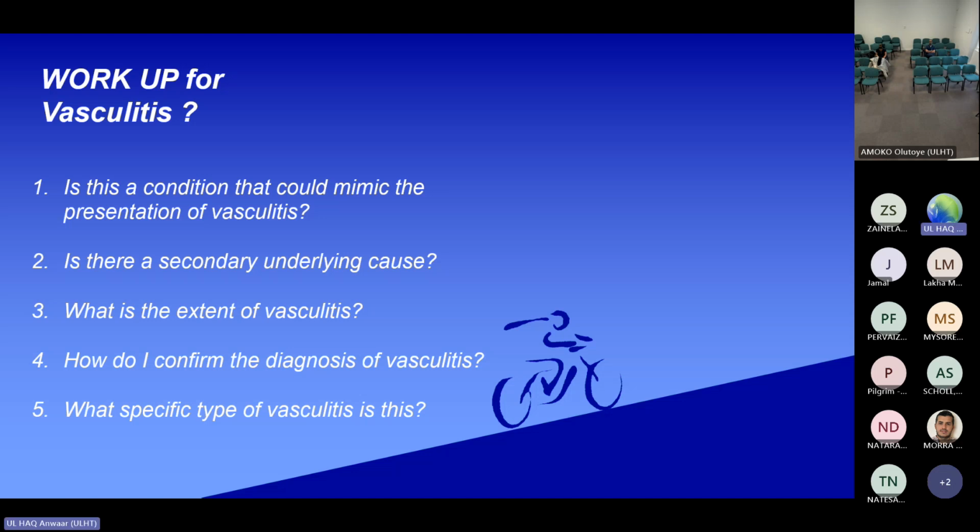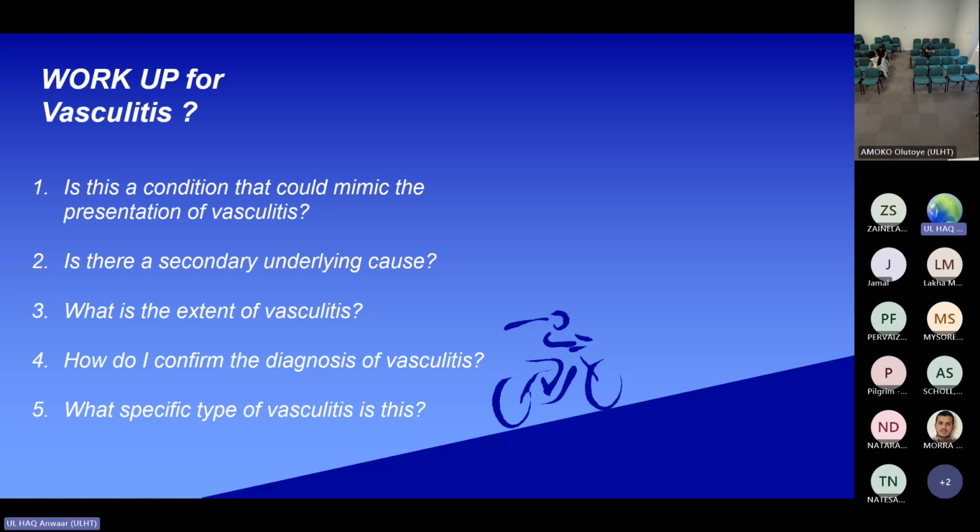Number 3, what is the extent of vasculitis? Is it life-threatening or non-life-threatening? How do I confirm the diagnosis of vasculitis? What specific and general tests and images do you need to run to diagnose the vasculitis, or biopsies? What specific type of vasculitis is this? So these are the five questions that you need to recall before you see a patient with vasculitis.